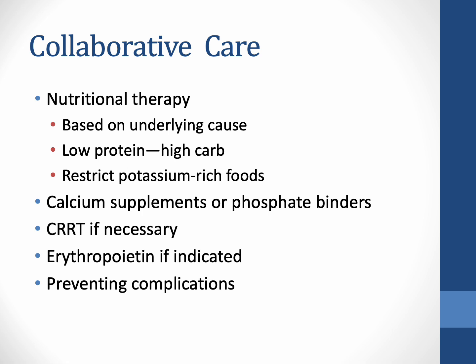You want to administer calcium supplements or phosphate binders as needed to maintain electrolyte balance. And sometimes you might need to implement continuous renal replacement therapy or CRRT for patients with severe kidney failure and fluid overload. We'll talk about this later.